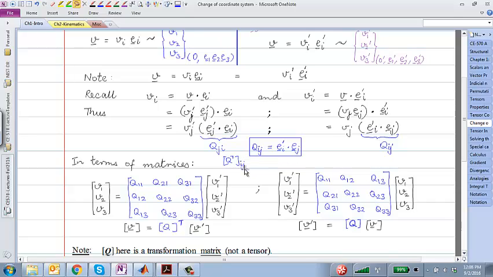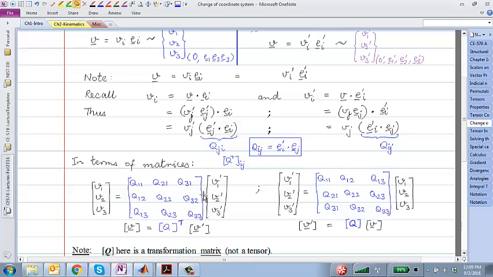And qij acting on vj is nothing but this matrix of q transpose acting on the primed components to give me the unprimed components. On the right hand side, for example, if I know the primed components for a given vector, I can calculate the unprimed components using the Q transpose matrix.